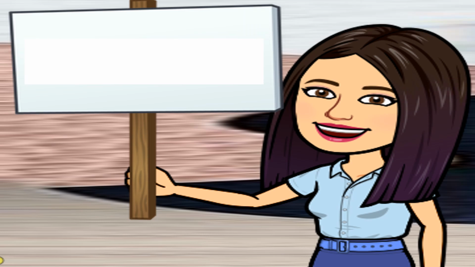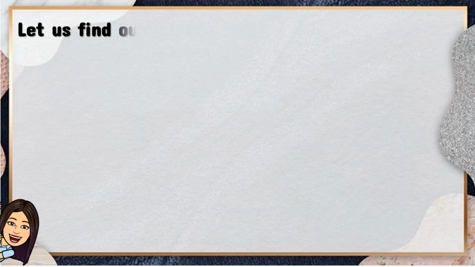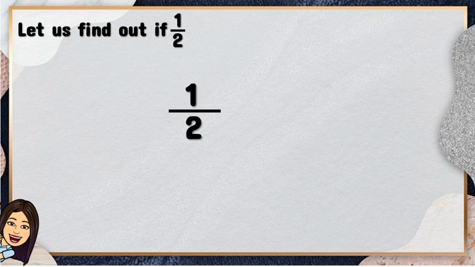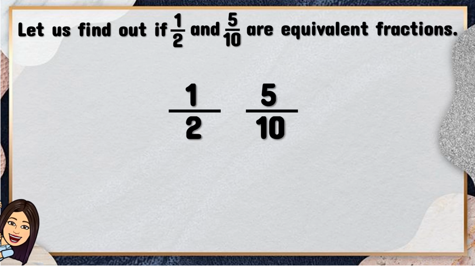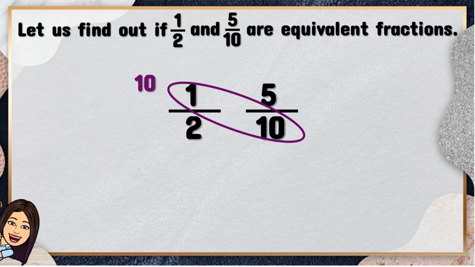Let's now proceed to the third way. To find if fractions are equal, use the cross product method. Let us find out if 1/2 and 5/10 are equivalent fractions. Let us start by multiplying the numerator 1 and the denominator 10. 1 times 10 is 10.